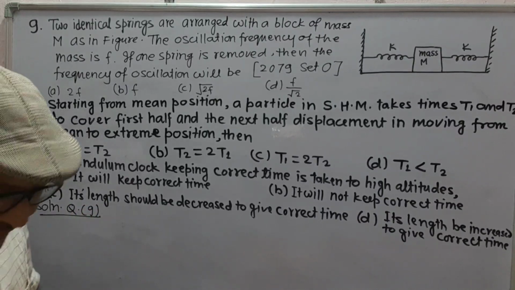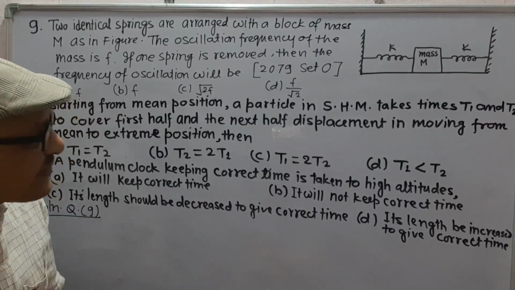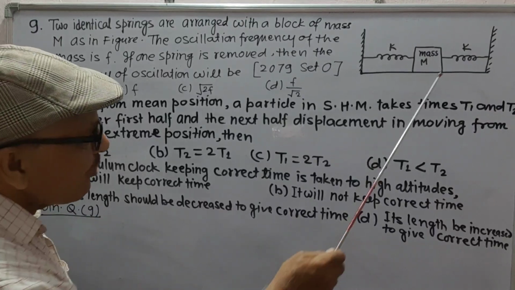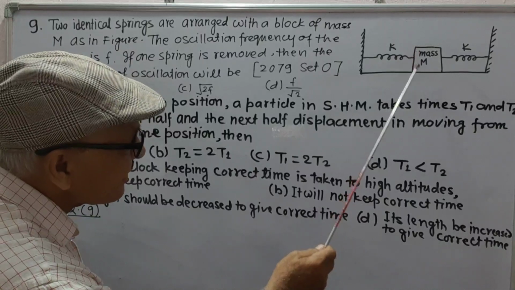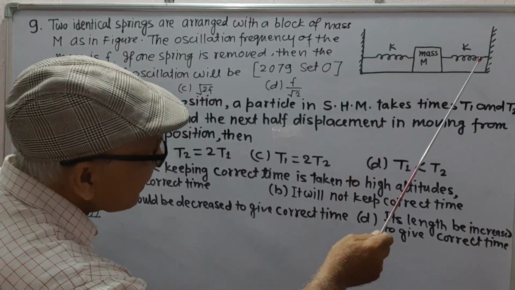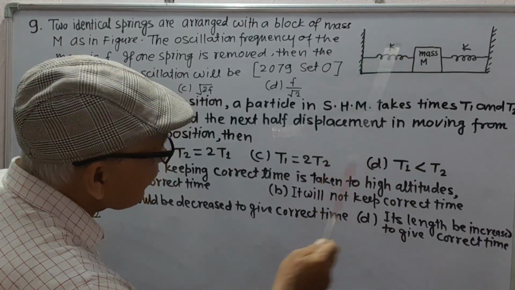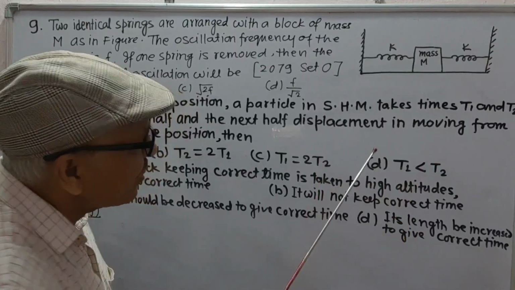Here clearly two springs are in parallel, because one end of this spring and one end of this spring is connected to the block. Other ends of the springs are connected to fixed supports.